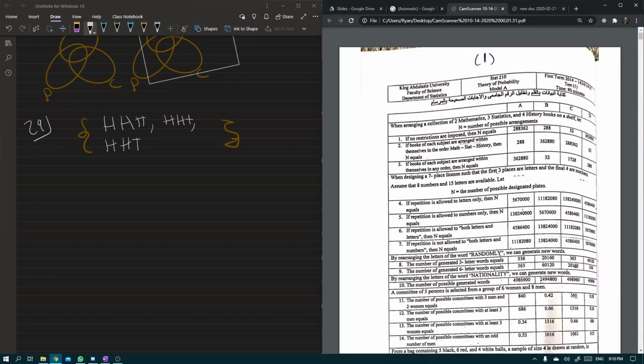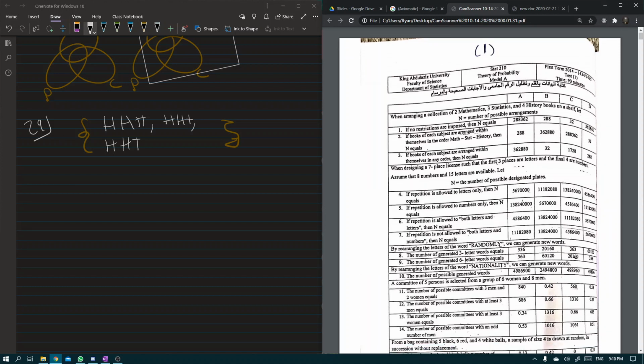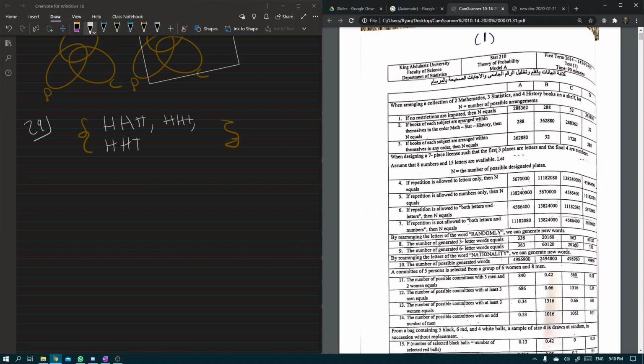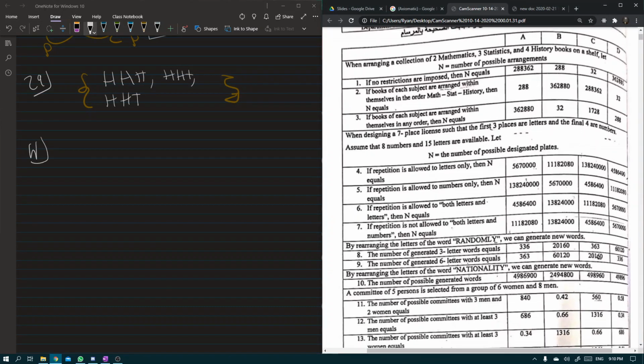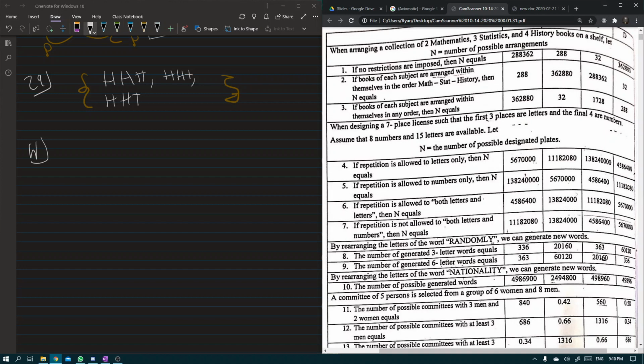Okay, let's solve 1, 2, 3. Oh no, 4, 5, 6, 7. These are easy, but these are different. So number 4. When designing 7-place license plates, repetition is allowed to letters only. So only letters are allowed to repeat.